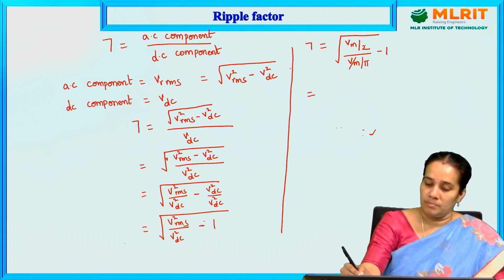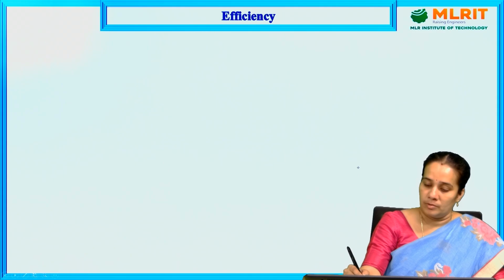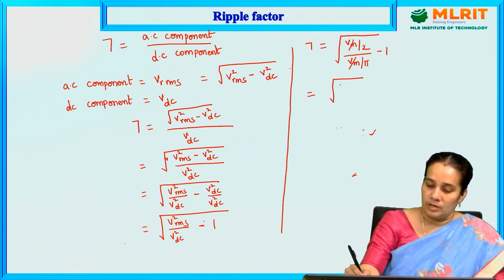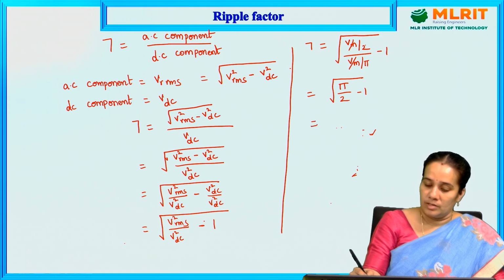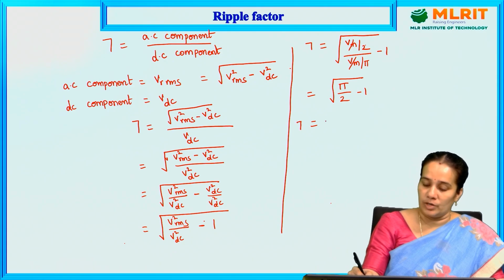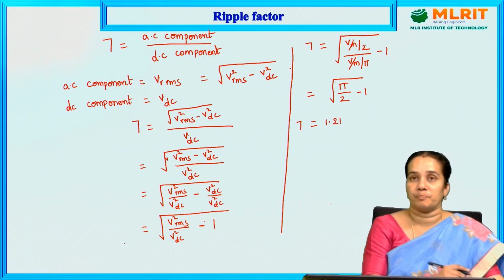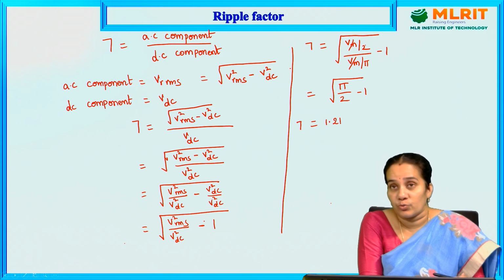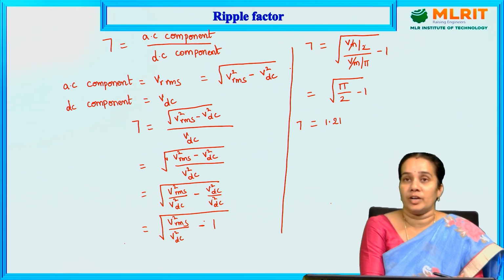So Vm cancels, under root of pi square by 4 minus 1. If you calculate these values, then the ripple factor for the half-wave rectifier tau is equal to 1.21. So the half-wave rectifier contains 1.21 ripples.